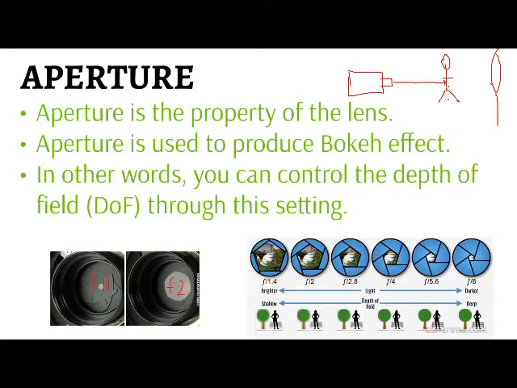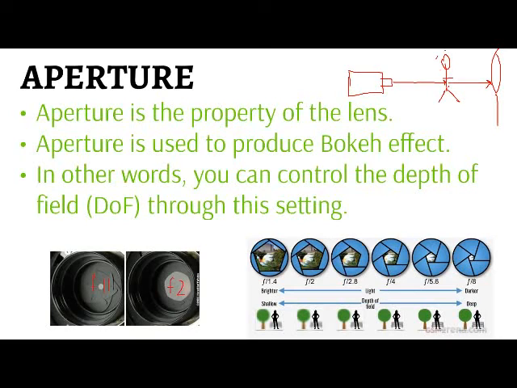Everything in between that person and camera, or everything beyond that person, will have decreased sharpness. And if I go further away and move towards that tree, it will have the lowest sharpness as compared to this person. And this is called depth of field.